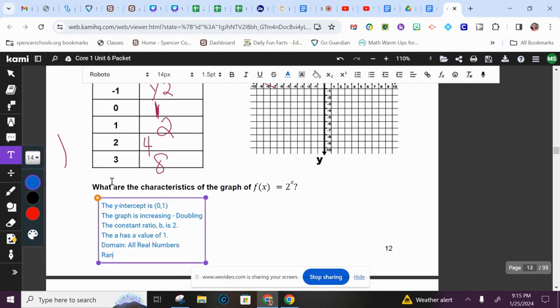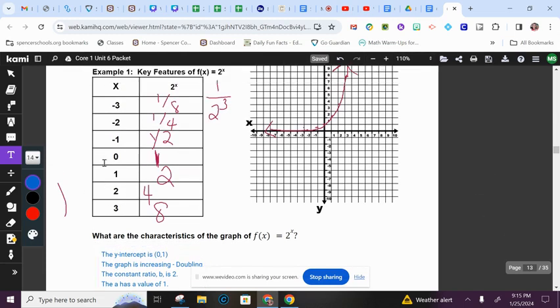The range, so let's talk about the range for a second. Even if I go backwards, and we had this conversation about negative exponents, even if I continue to divide by 2, divide by 2, divide by 2, will this line ever cross the x-axis?